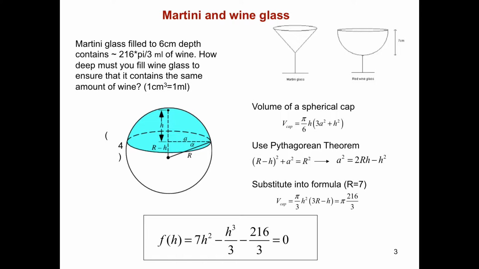I can figure out what h is, or a is. So when I look at the volume, I get a formula that depends both on the radius r that I know and on h. Okay, so this is simple math.